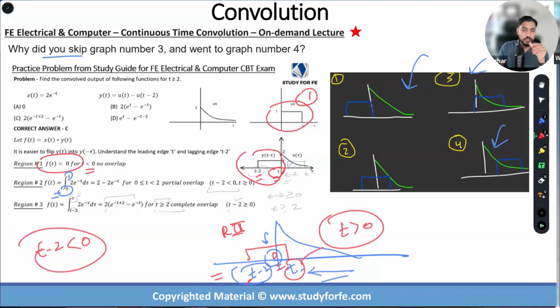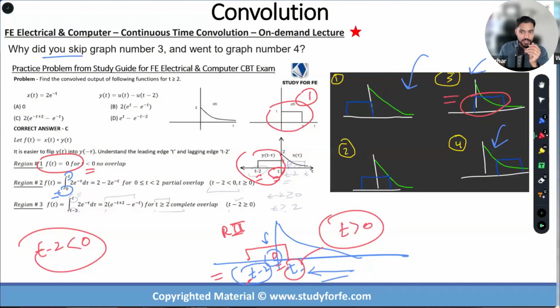Okay, so the student's question is really around 3. The way that student has drawn 3 is that the simpler function, the square box, the pulse, rectangle, whatever you want to call it, is now completely overlapping my original function.